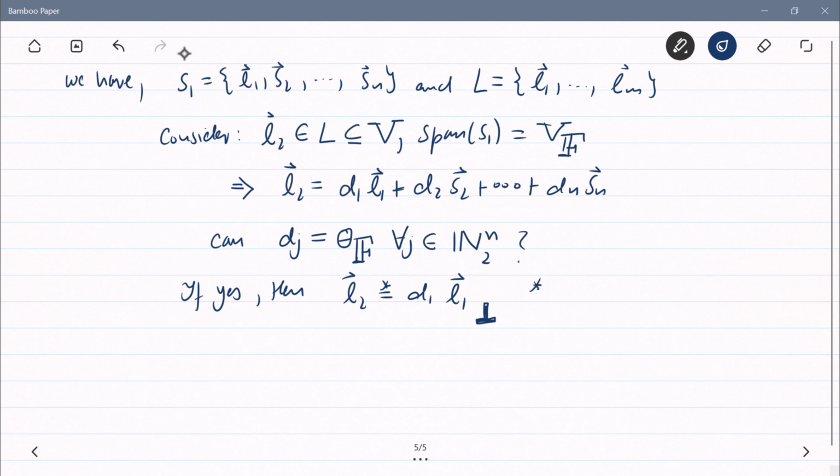So no, because L2 is in L, which implies obviously there exists at least one D sub j not equal to 0 of the field F.